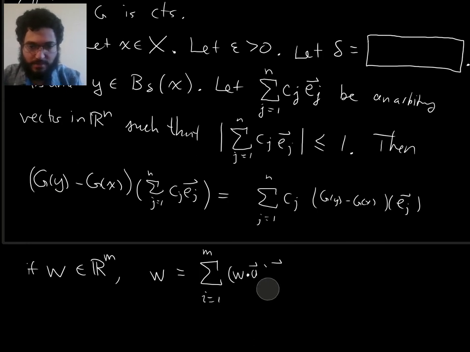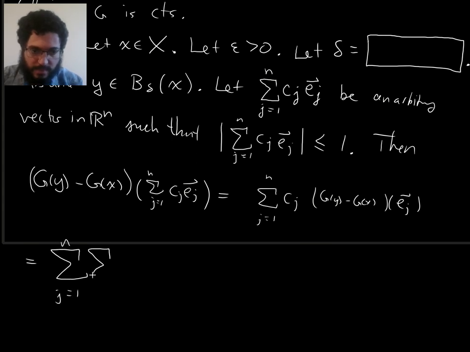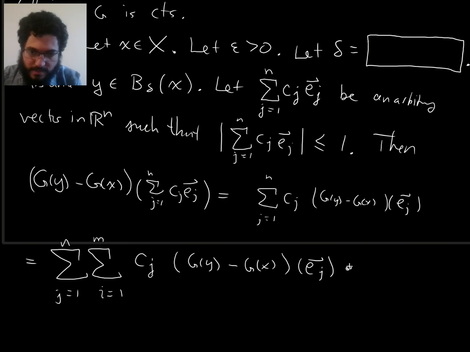Okay, so I'm about to use that principle now, and I'm going to apply it to this m tuple here. So I'm going to get a second sum. And I just pushed the Cj into that sum, so I can just write it as a big sum in front. And now I've got this.